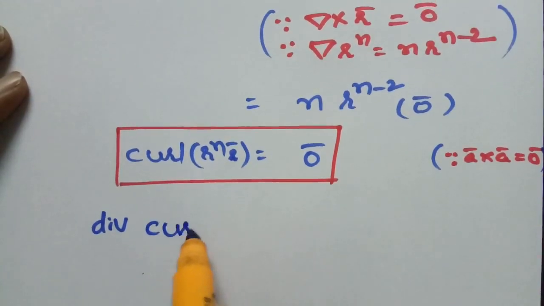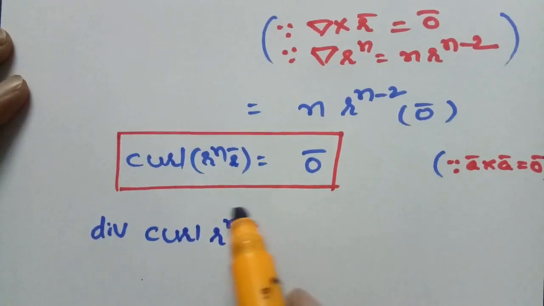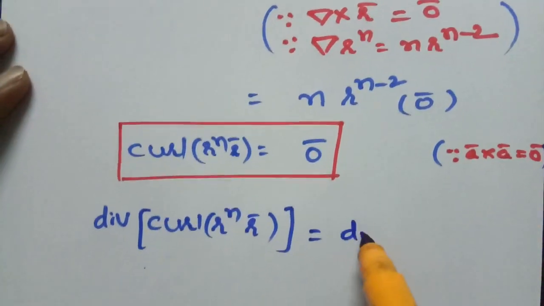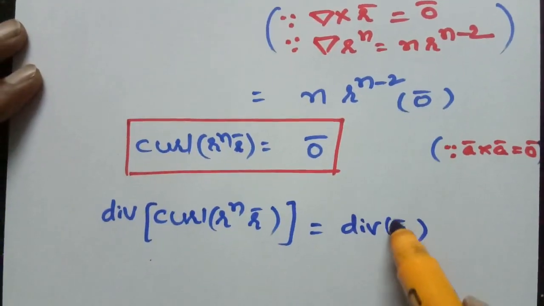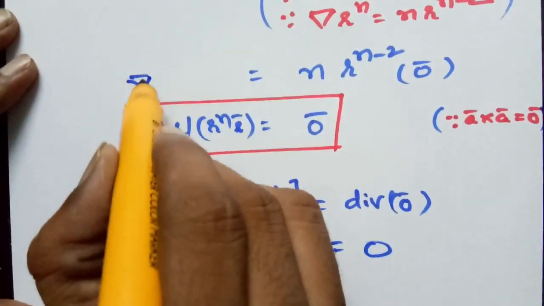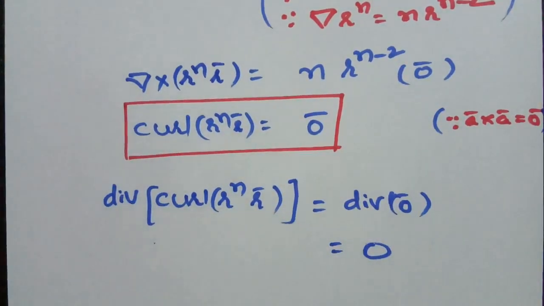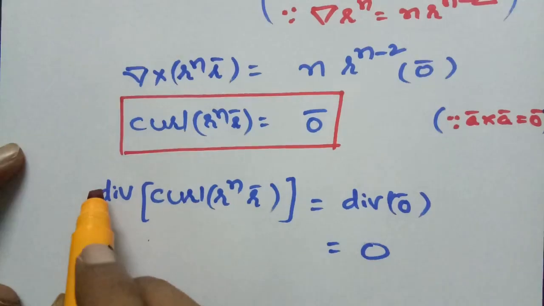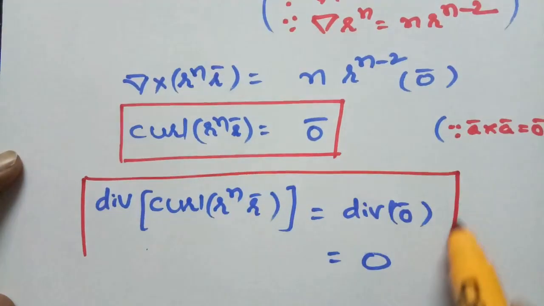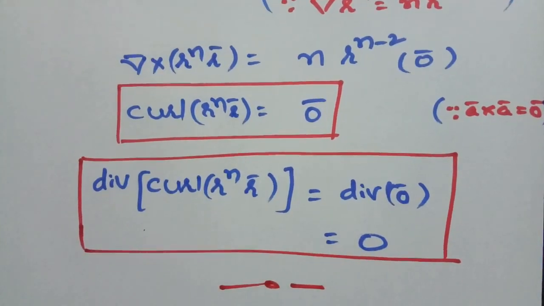Divergence of curl of r power n into r bar is equal to divergence of 0 bar, that is equal to 0. Here del cross means curl. So divergence of a curl is equal to 0, which is our required answer.